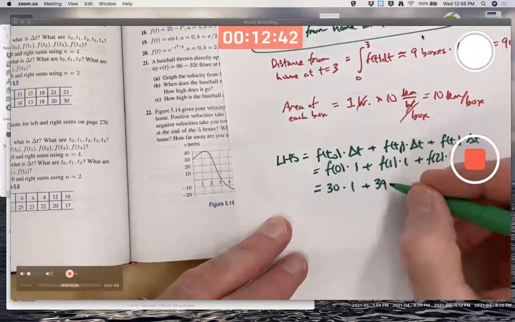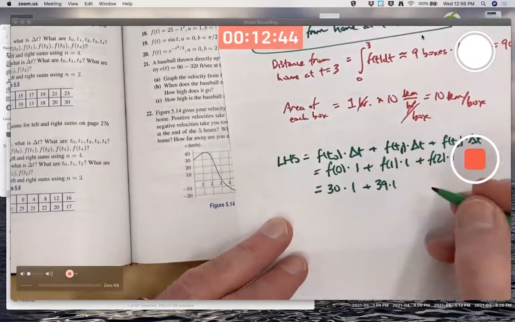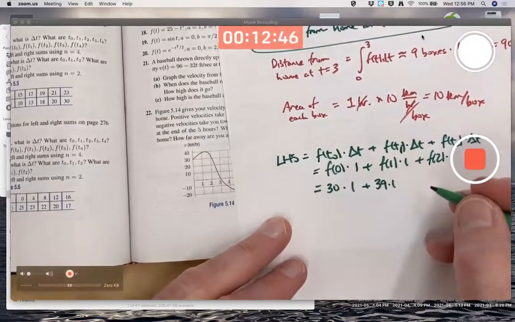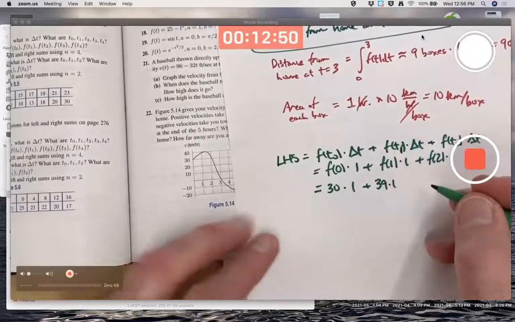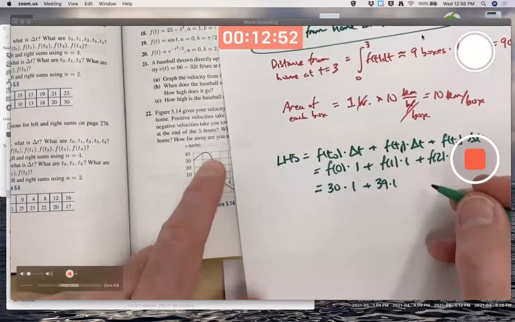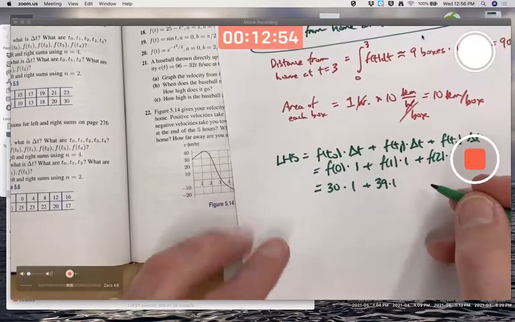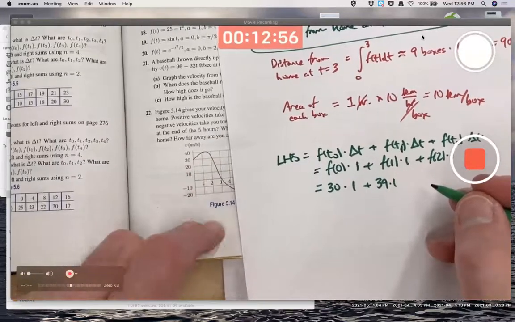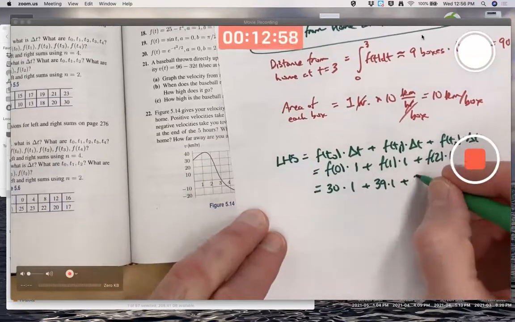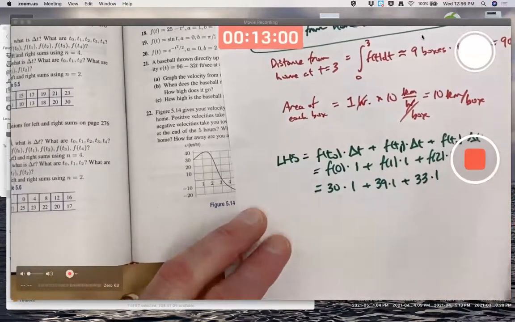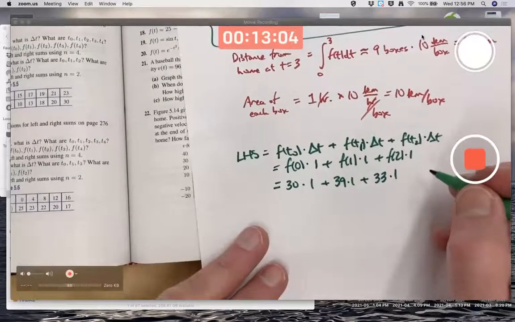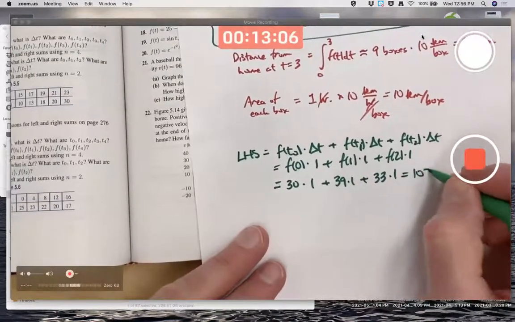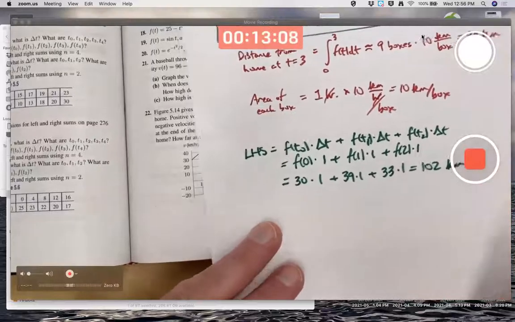Okay, I'll go ahead and say 39. Maybe closer to 38. I'd be okay with either answer. Then f of 2, how high does the graph go there? It looks like it's 32, 33, something like that. I'll say 33. Add those numbers up. You're going to get 102 kilometers for your left-hand sum approximation.